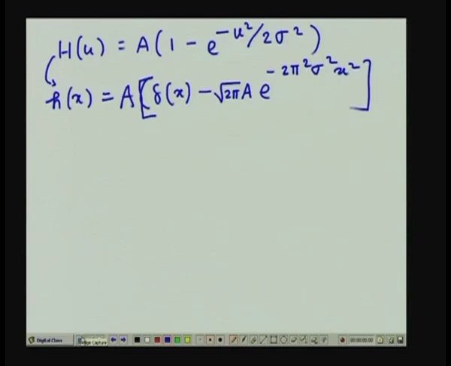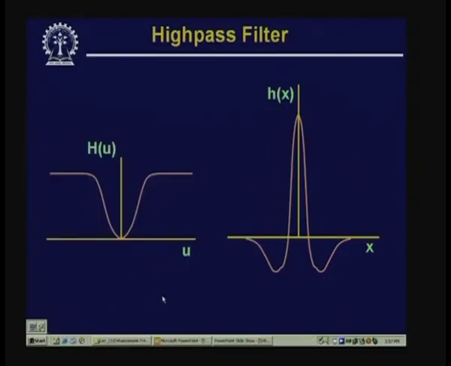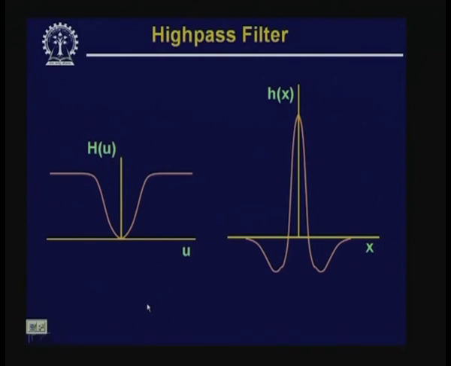So, if I plot this in the frequency domain, this shows the high pass filter in the frequency domain. As is quite obvious from this plot, it will attenuate the low frequency components, whereas it will pass the high frequency components, and the corresponding filter in the spatial domain has this form, given by H(x) as a function of x.